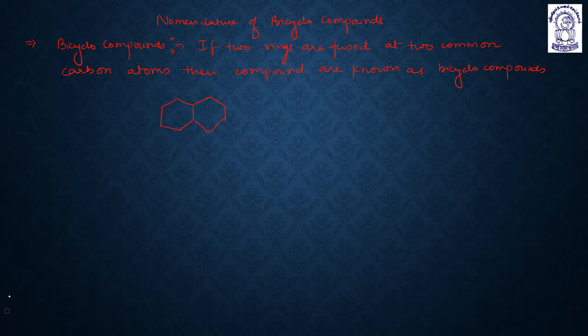In bicyclo compounds, the common carbon atoms are known as bridgeheads. This is a bridge. This is also a bridge. And this is also a bridge.